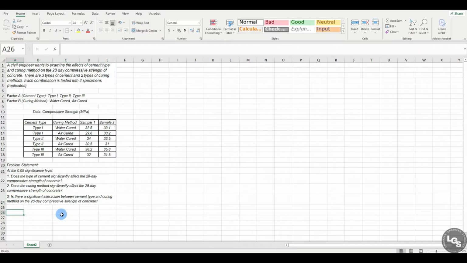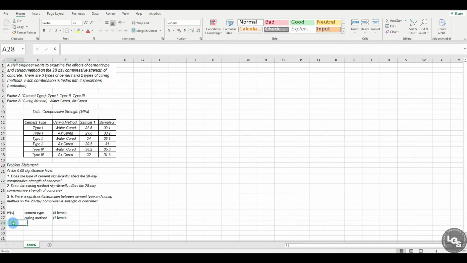So based on the problem, we have two independent variables, the cement type and the curing method. For the cement type, there are three levels. For the curing method, we have two levels.